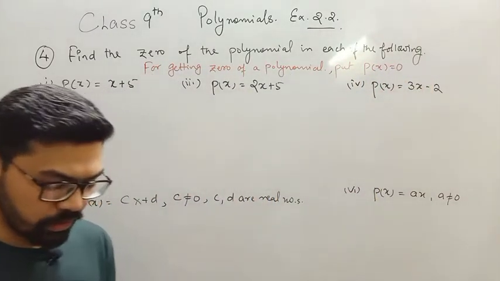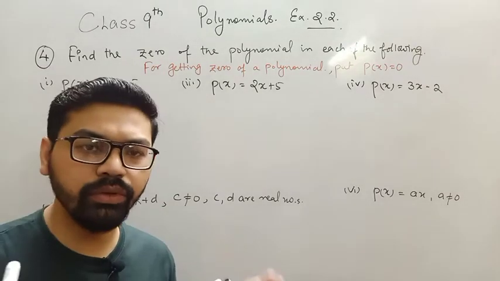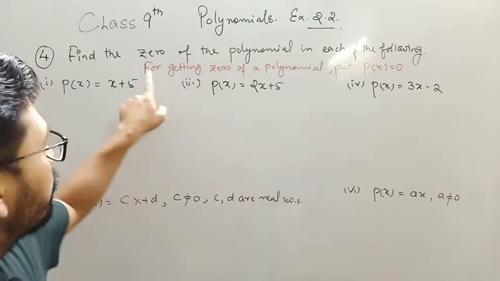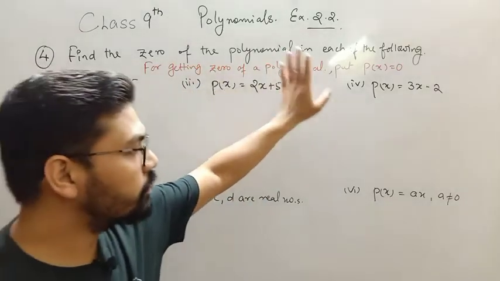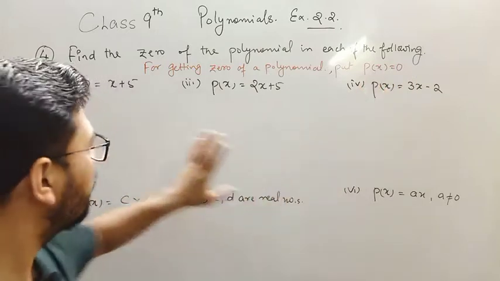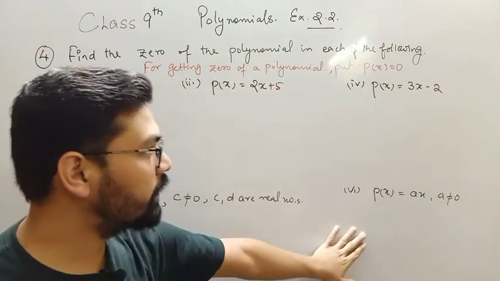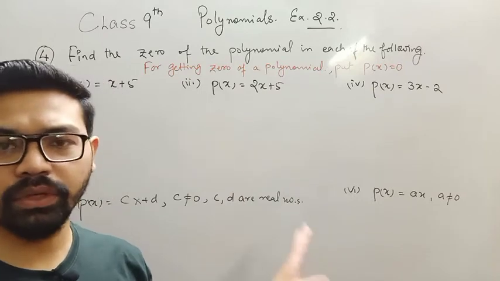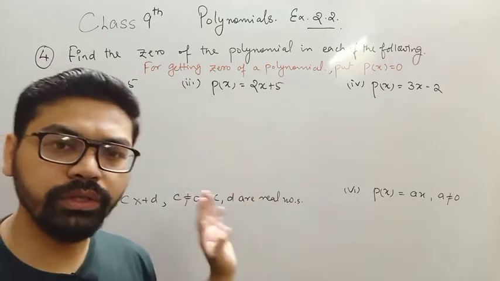Simple. This is a simple statement that you need to use in these 5 questions. For getting the zero of a polynomial you just need to put p(x) equals 0. If you put p(x) equal to 0, then the value of x that you get is the root or zero of this equation.